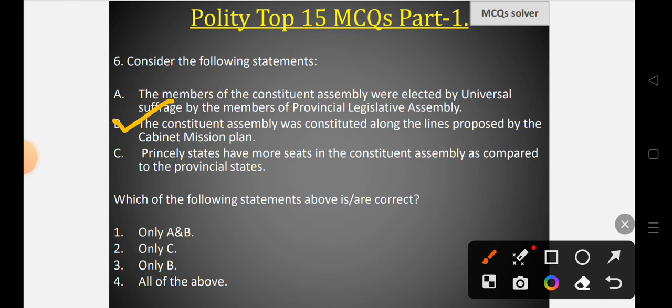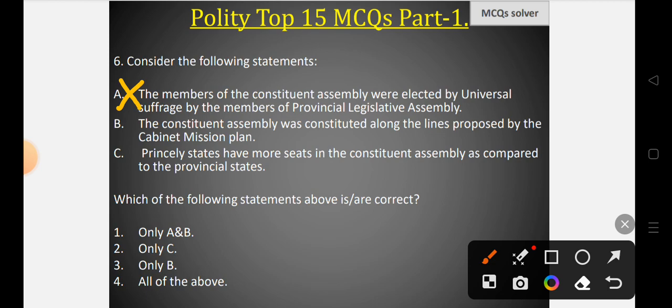And as discussed earlier, the Constituent Assembly consists of the members from the provincial states and the Indian princely states, but they were not elected by the universal suffrage method. They were elected through an indirect election. So statement A is an incorrect statement.